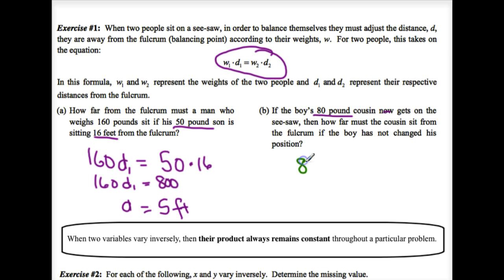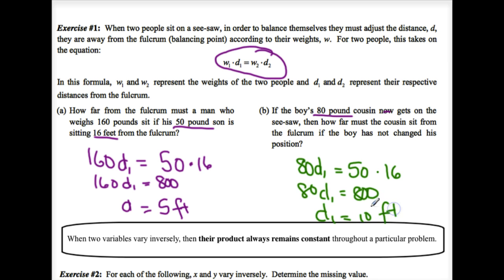His cousin is 80 pounds. We don't know what the distance is. And the boy again is 50 pounds and 16 feet away. This becomes 80D is equal to 800. So the cousin needs to be 10 feet away.